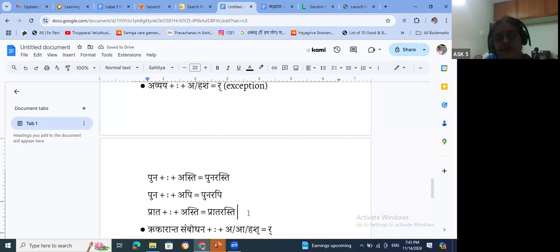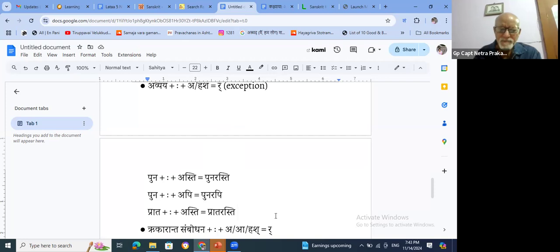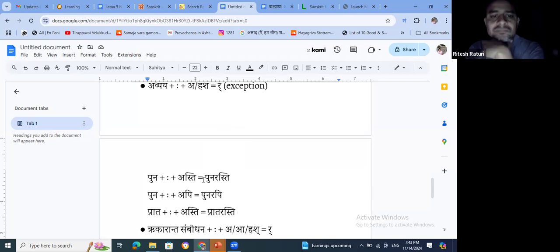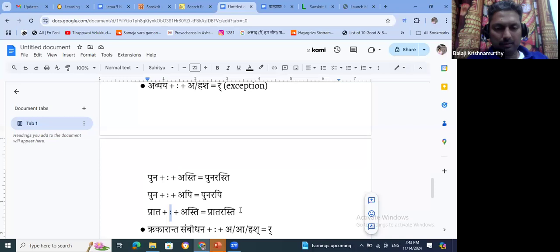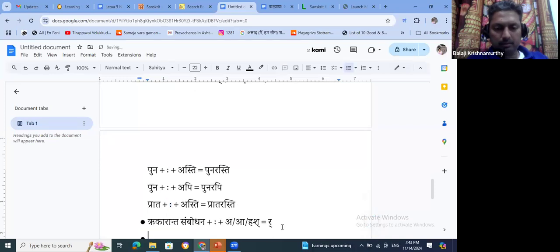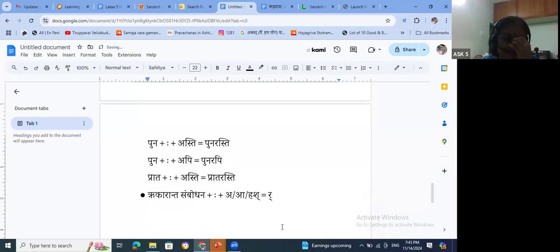Pratarasti. Any questions? Should I write the in-between step where this becomes R? I cut that short. Nasti, avashyaka nasti. The last one, Rikaranta Sambodhana Shabda.